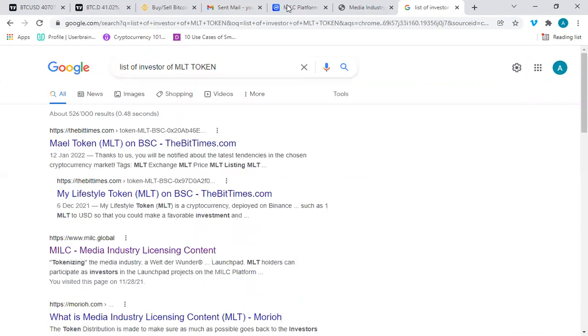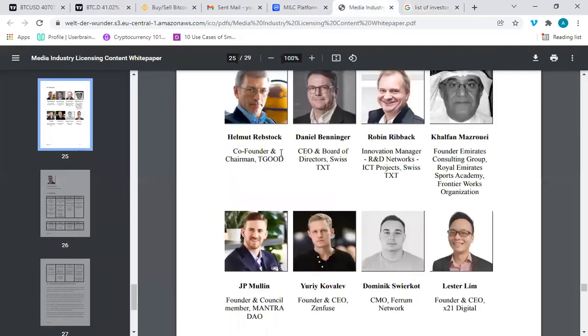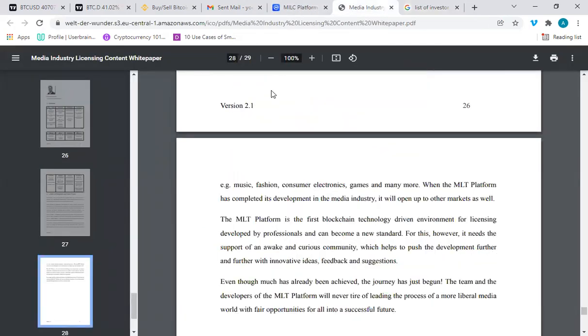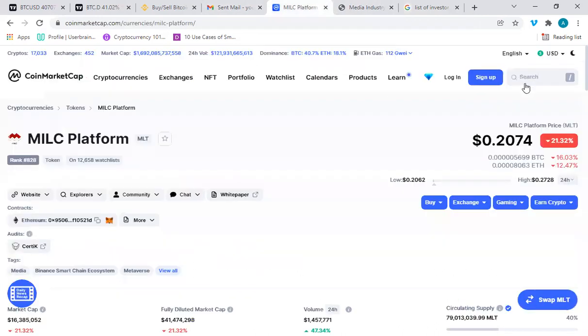There's another way you can check out of the advisors. Some of them will show. Let me check.